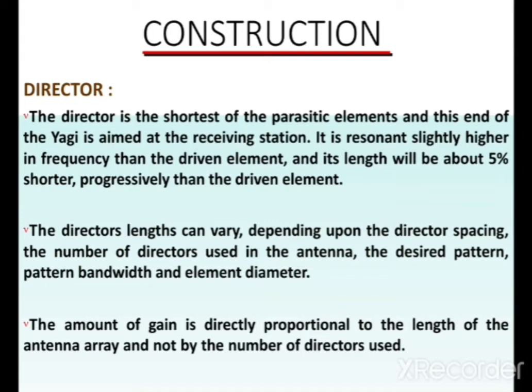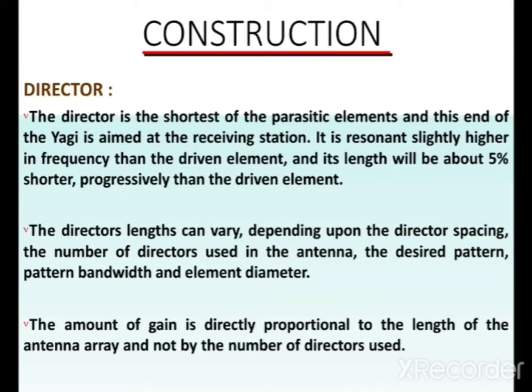If the driven element is lambda by 2, the first director is 0.45 lambda, the second director is 0.43 lambda, the third director is 0.40 lambda, the fourth director is 0.35 lambda, like that. So this is the construction of the directors.